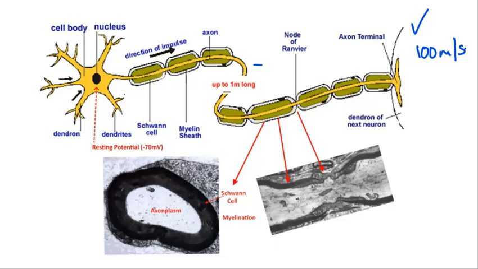But of course, we also have unmyelinated nerves within the central nervous system as well.